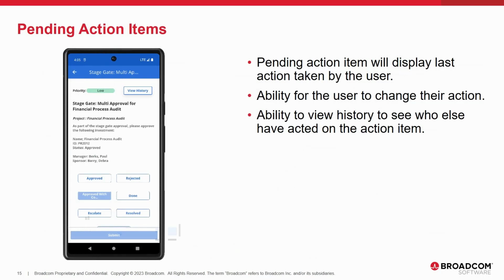The user can review the action that they took on that action item or change their previously taken action to another action and submit that accordingly. The user can also see the view history to see who else this specific action item is waiting on to go to completion.